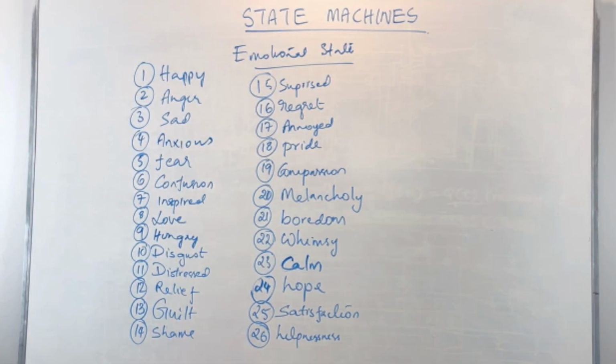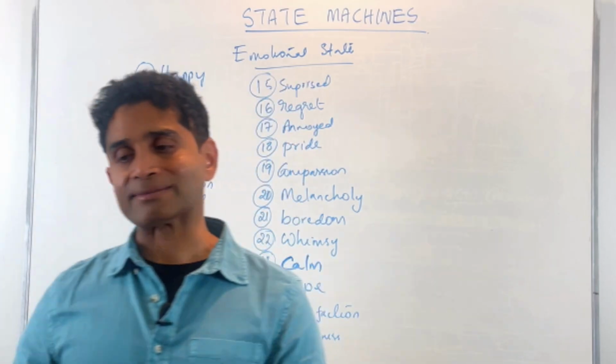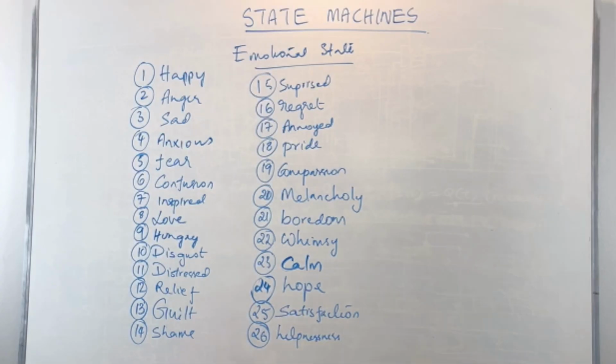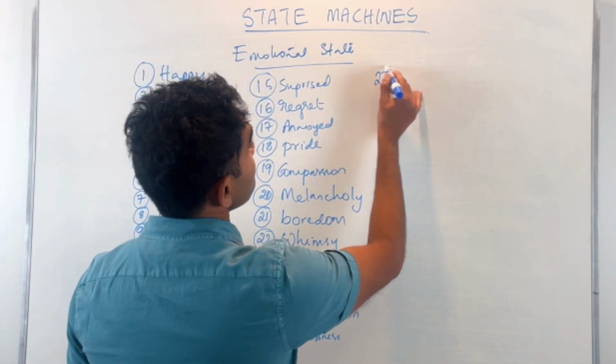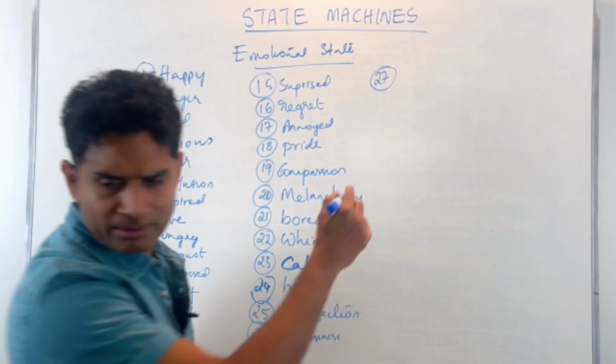So according to a CNN study that was published a few years back, they have identified 26 unique emotional states that a human being can exist in. 26 was the number. Excitement. Although students from multiple semesters did go beyond that. Excitement, right?